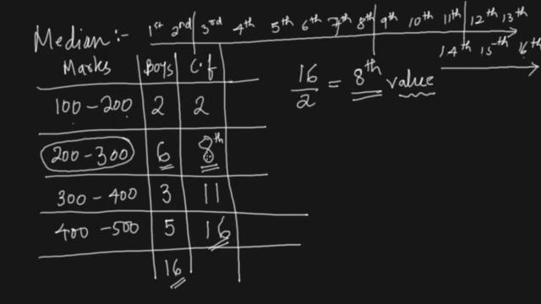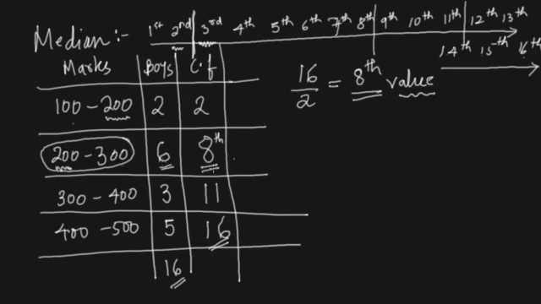And since you need to find the eighth value, what you need to understand is, okay, the first class 100 to 200, right? You know for sure that the second guy will definitely not score more than 200. That's for sure because he lies in this group. But you know the third guy onwards, he will definitely score 200 or more than 200, right? And we need to find out the eighth guy.